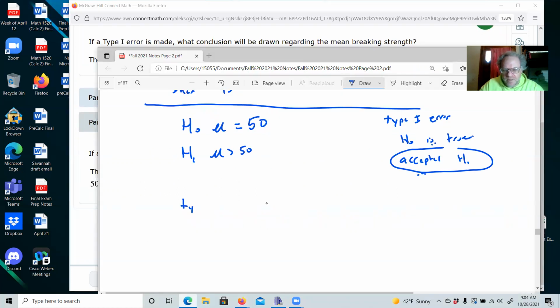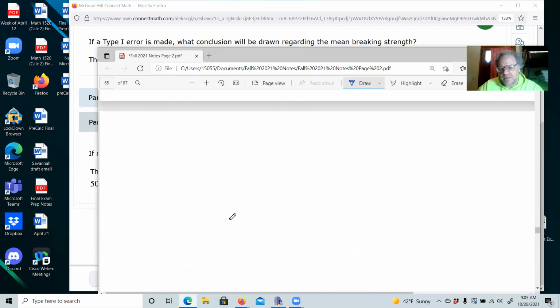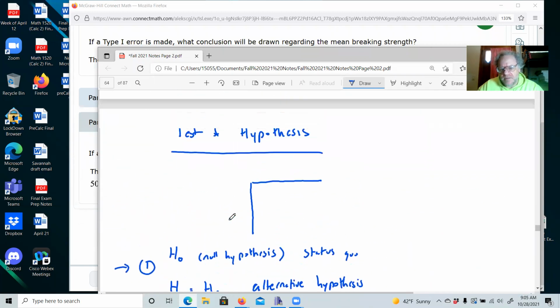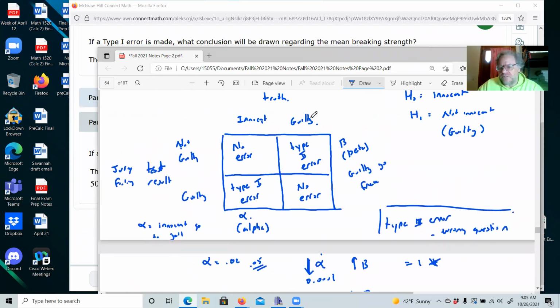So for type 2, mu equals 50 is the one you've taken, but it's not the true one. Let's go down the little chart. The truth is the alternative is true, but you've decided that the null hypothesis is the true one.